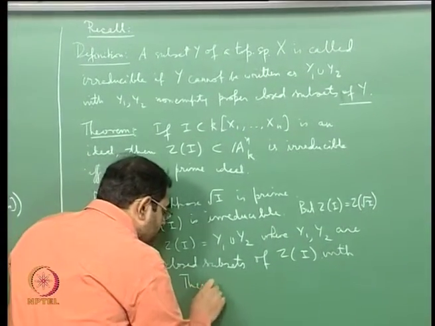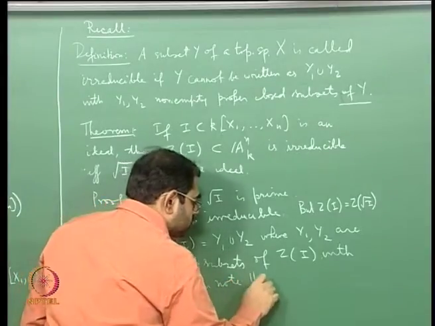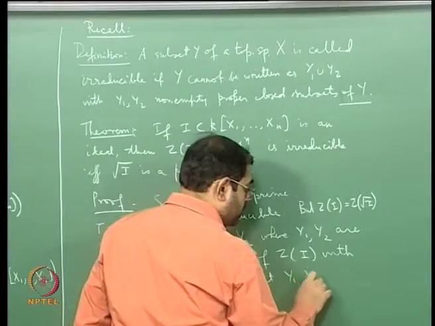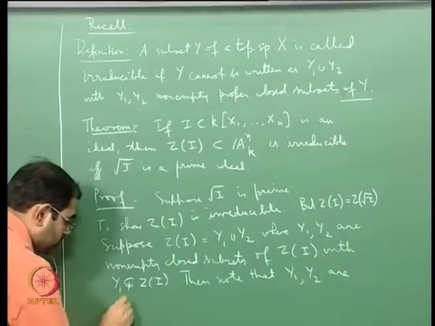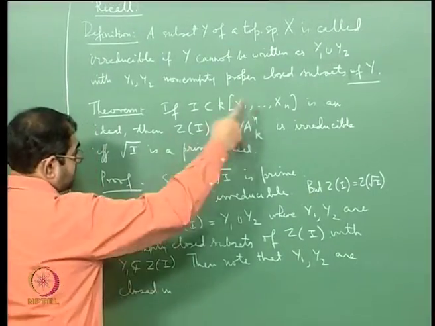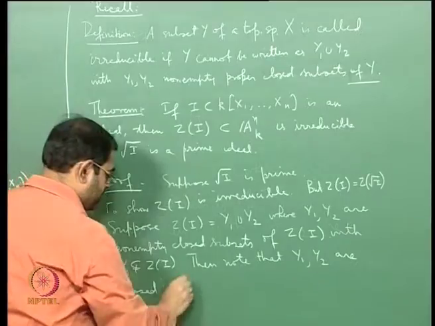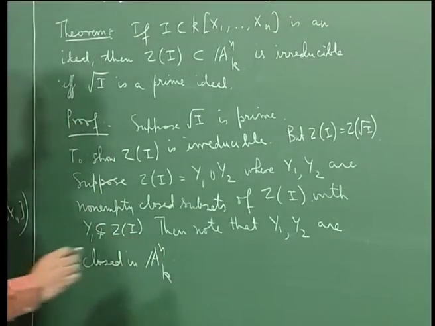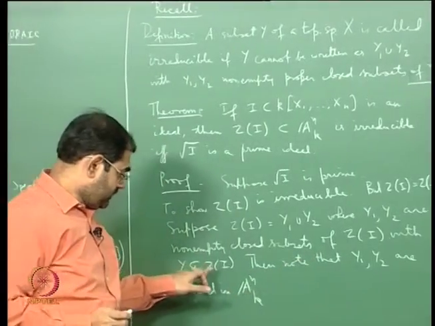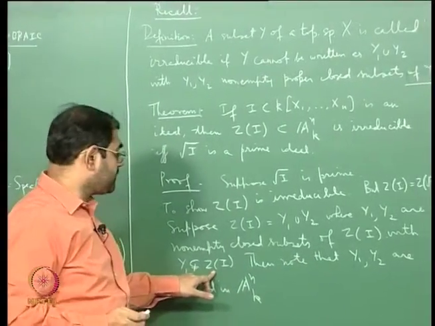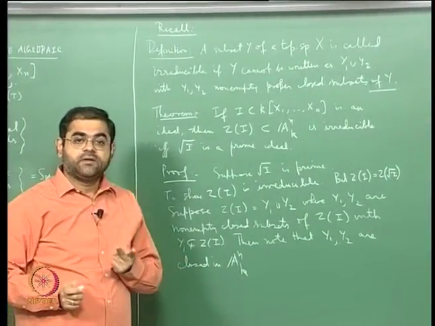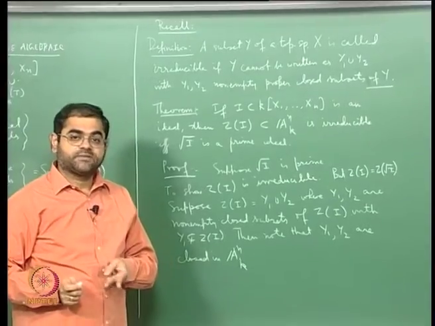Then note that Y1, Y2 are closed in the larger space X, which is actually in our case A^n, because by definition, as I just told you, Y1 has to be Z(I) intersection with a closed subset of A^n, but Z(I) is already closed in A^n, and the intersection of two closed subsets of a topological space is again a closed subset.